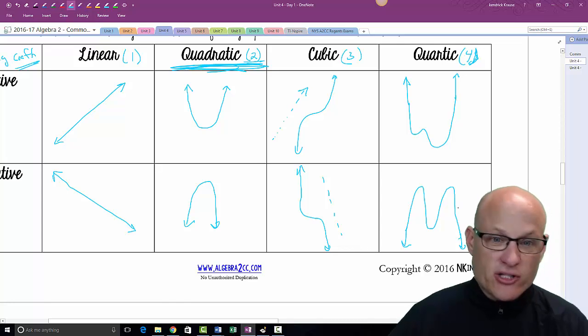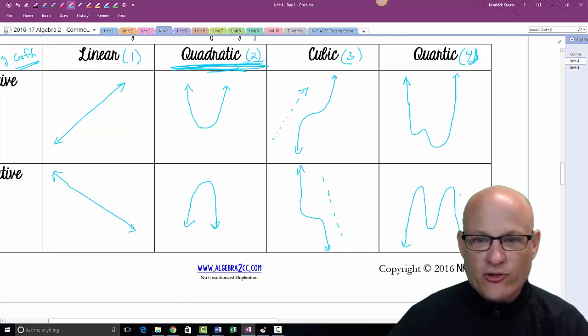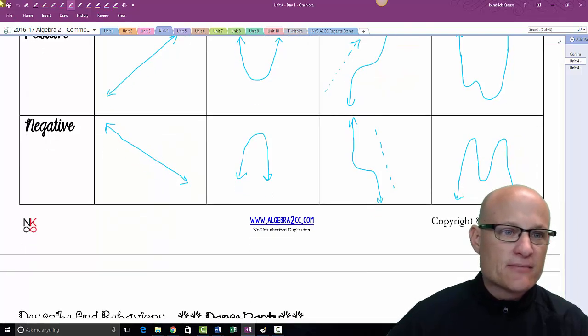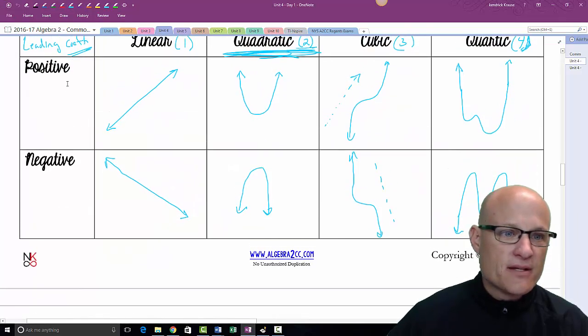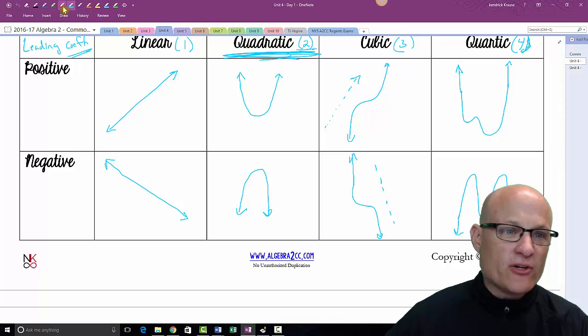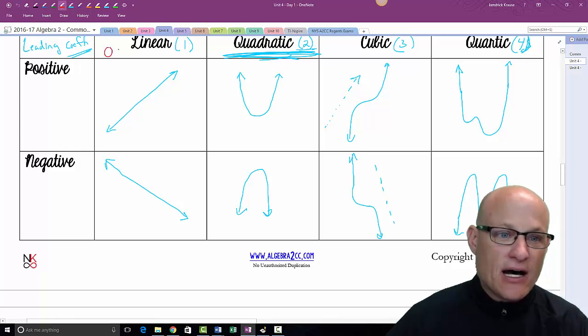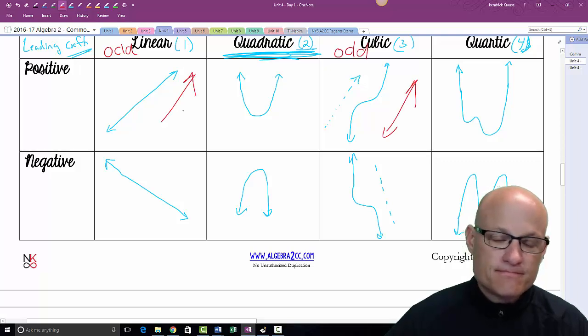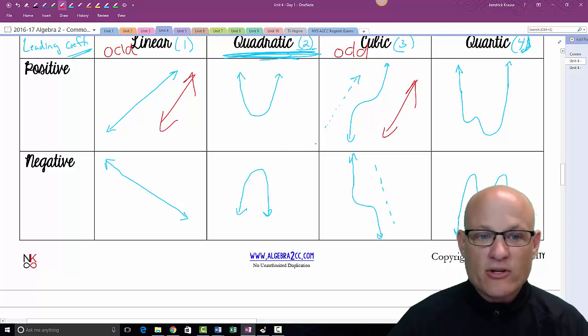So you should start to generalize. One of the things you should start to get an idea on is that if the degree is odd, it's going to go up and down. It'll go up and down based on whether it's positive or negative.